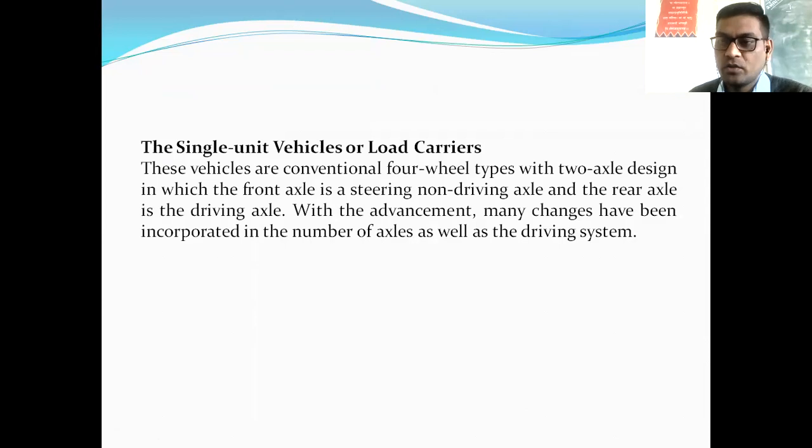It is a single unit vehicle or maybe a load carrier. These vehicles are conventional four-wheel types with two-axle design, in which the front axle is the steering, non-driving axle and the rear axle is the driving axle. With advancement, many changes have been incorporated in the number of axles as well as the driving system.